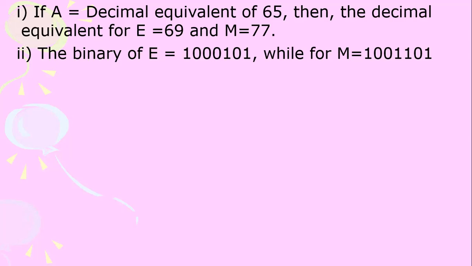That is, you convert the decimal number 69 to its binary equivalent, and that binary equivalent will be the ASCII code for the letter E. While M is 77, represented in its binary equivalent, which will be 1001101.